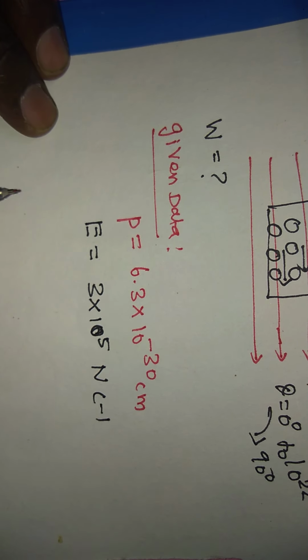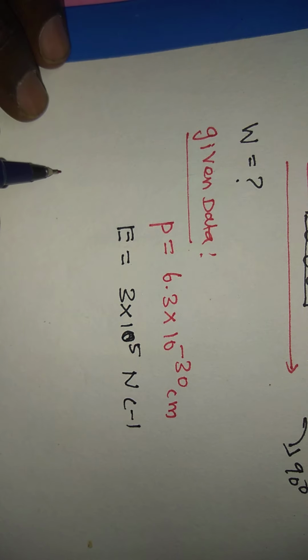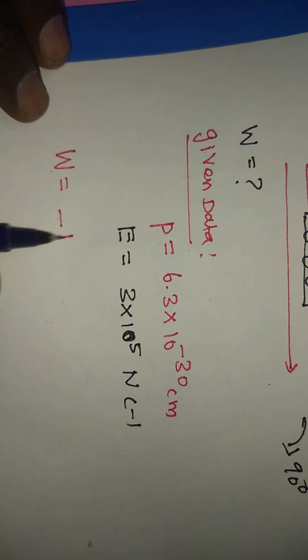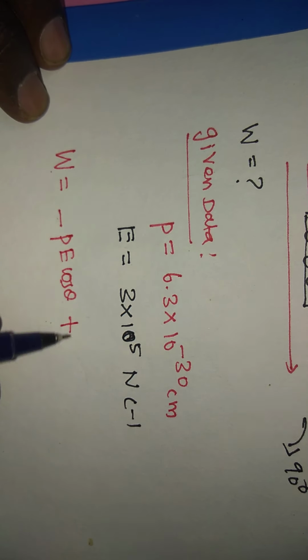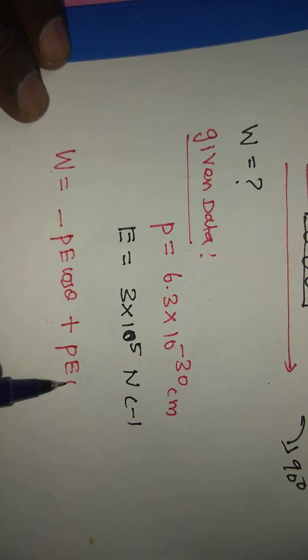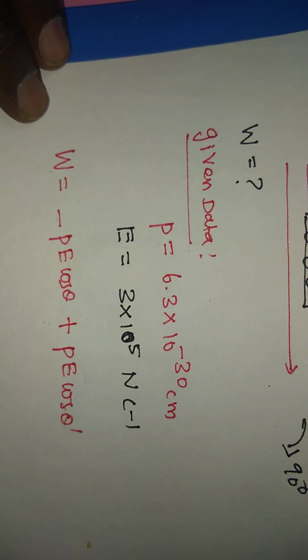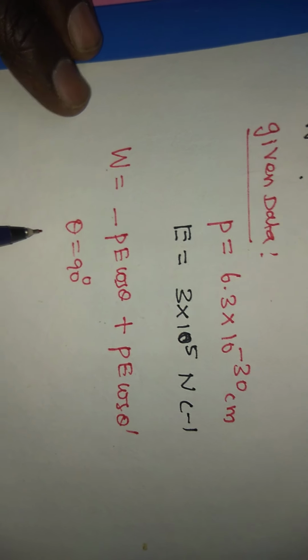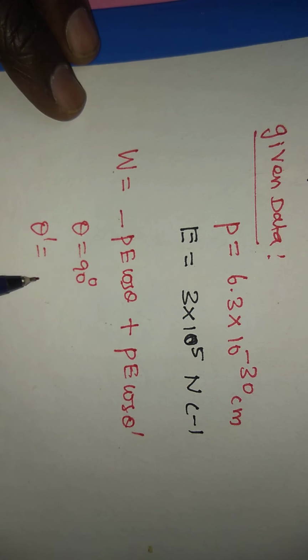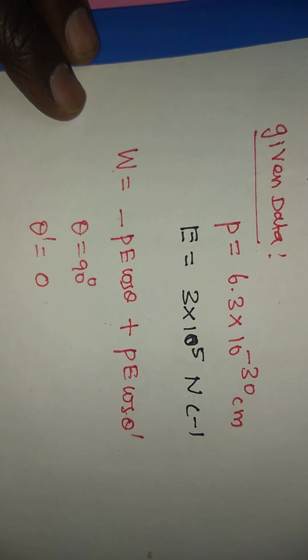So now using the formula, W is equal to minus PE cos theta plus PE cos theta dash. Here theta is 90 degree, theta dash is 0 degree.